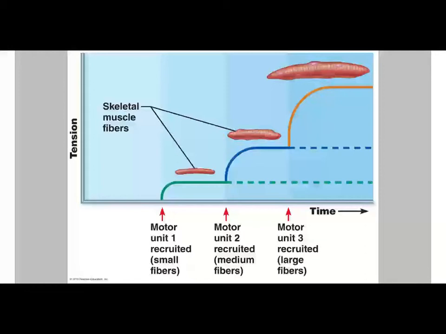And finally, at the end, we add the last motor units that have the largest muscle fibers. So not only are we adding more motor units, each successive motor unit has larger fibers, larger cells. And that is how we add more and more strength, by adding more motor units and larger muscle cells.